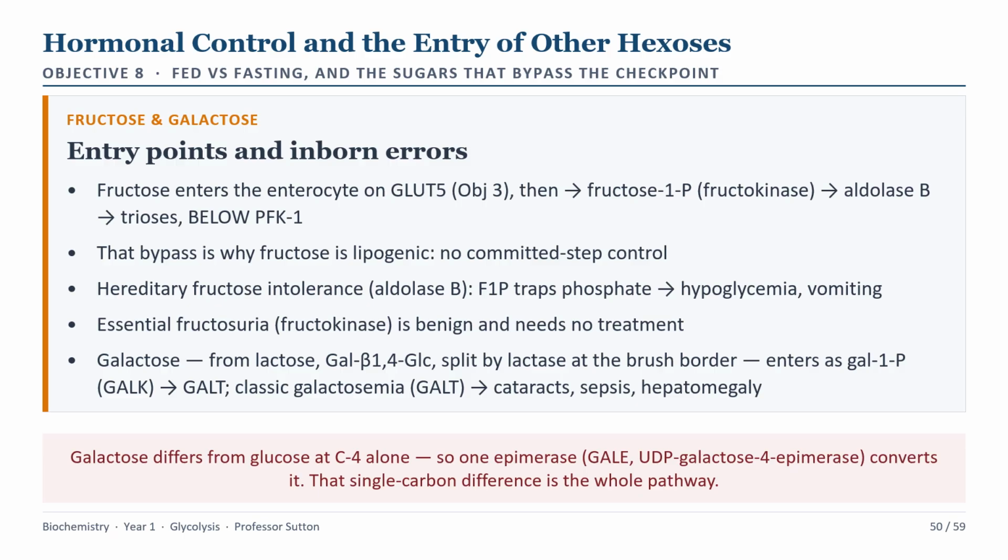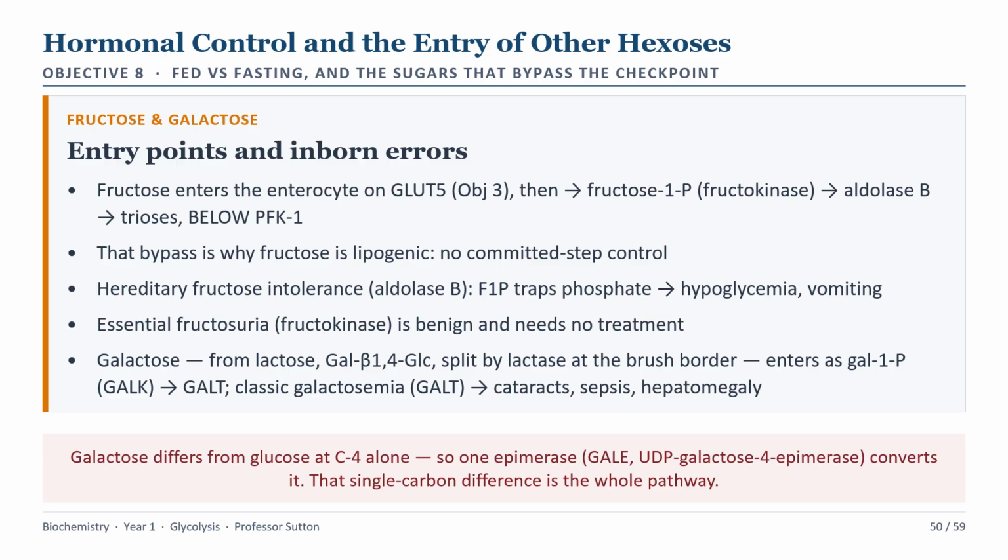Fructokinase converts it to fructose 1-phosphate, and aldolase B cleaves that to trioses, which join glycolysis at the level of glyceraldehyde 3-phosphate and dihydroxyacetone phosphate. Below phosphofructokinase 1, that is where that occurs.